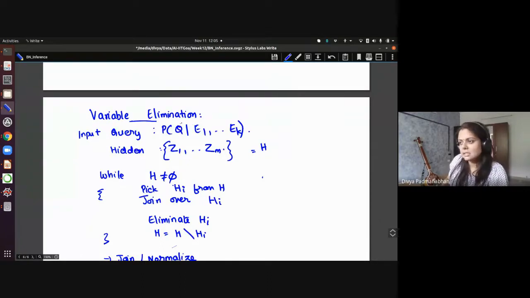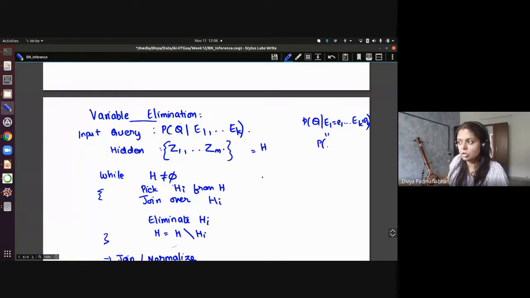In this case, you want to get the whole probability table of Q given E1 to EK. If you have it in this form, it means that for all possible values of E1 to EK, you want the probability of all possible values of Q. If you wanted a particular instantiation, you would write something like probability of Q given E1 equal to small e1 and EK equal to small eK.